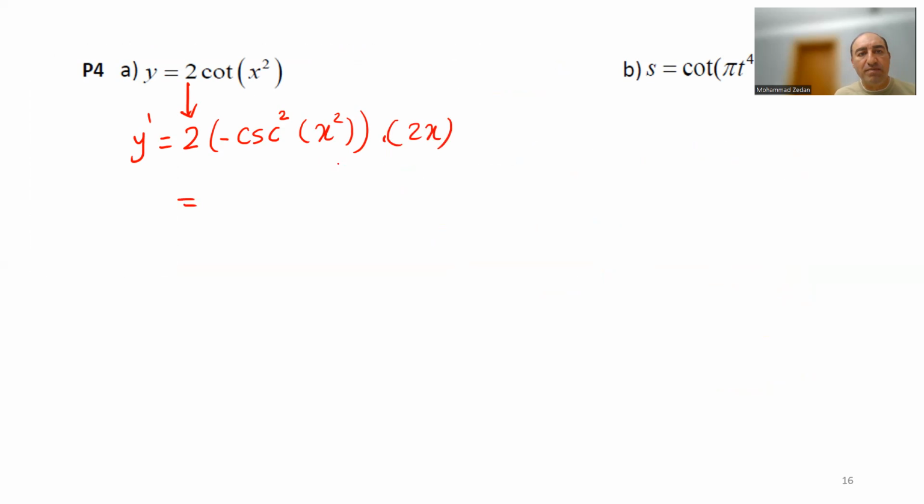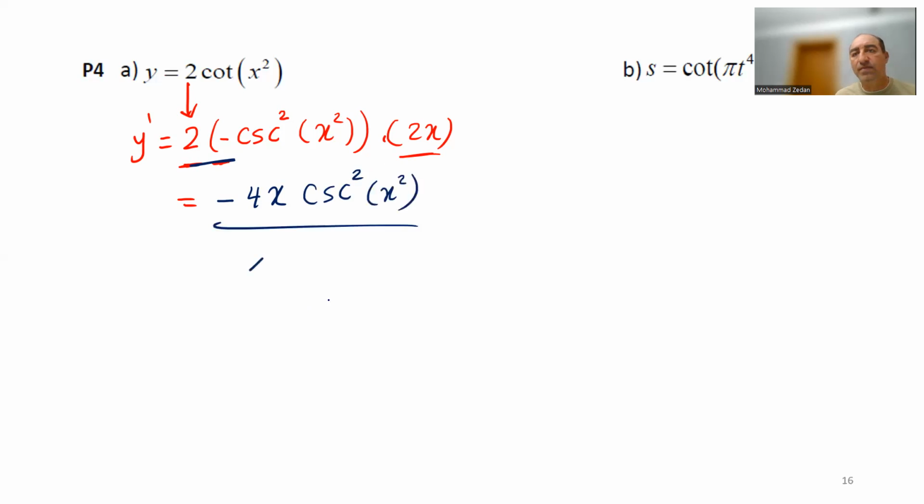Rearrange your answer. Multiply: this is 2, negative, and 2x. Negative 2 times 2x is negative 4x. Cosecant square x squared. Okay, this is the answer.